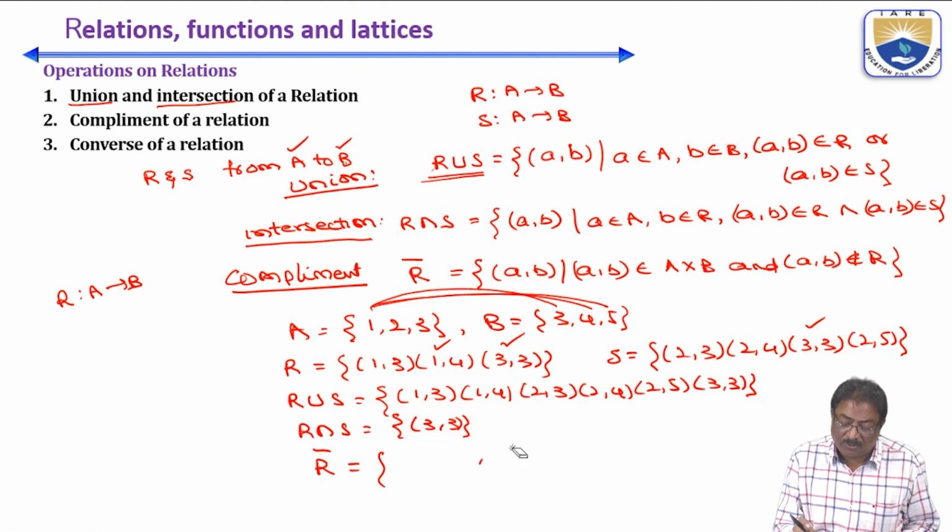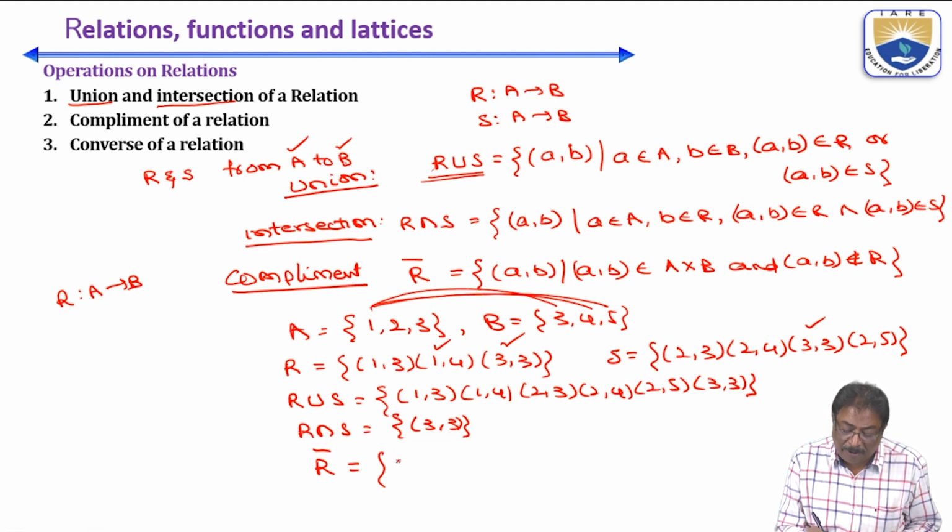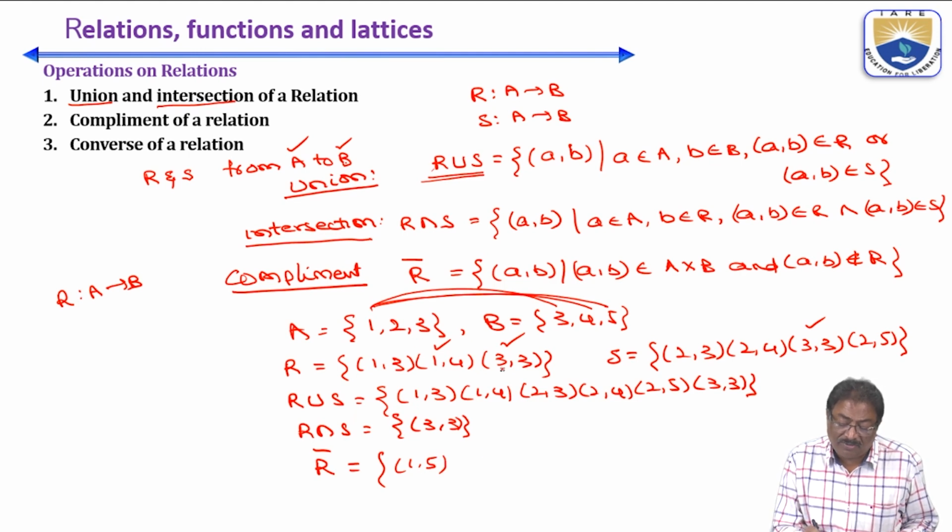So we get only (1, 5). Then the next one is (2, 3), which is not in R, so we have to consider it. (2, 4) is not in R, so we consider it. Then (2, 5) is also not there in R.